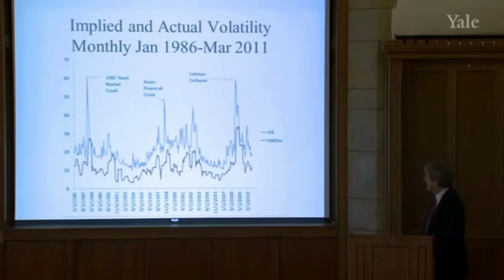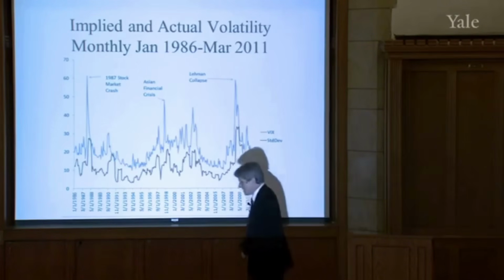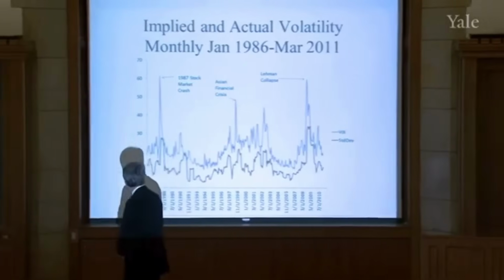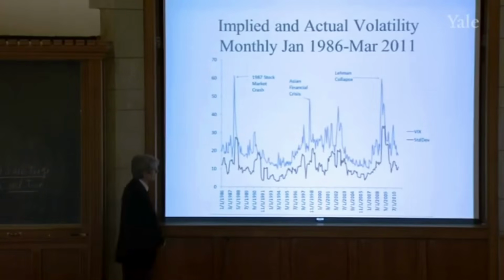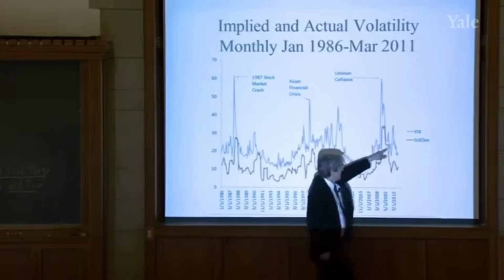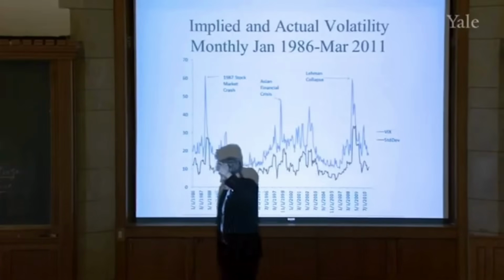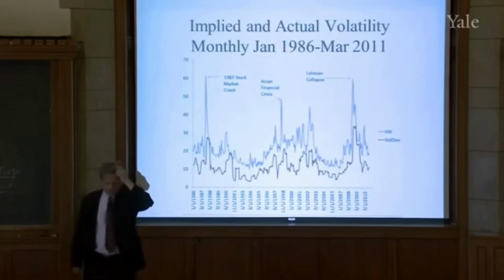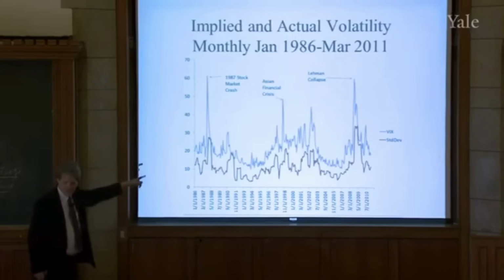And I have that here on this chart. What I have here from 1986 to the present with the blue line is the VIX, which is computed now by the Chicago Board Options Exchange. When the CBOE was founded, they didn't know how to do this.